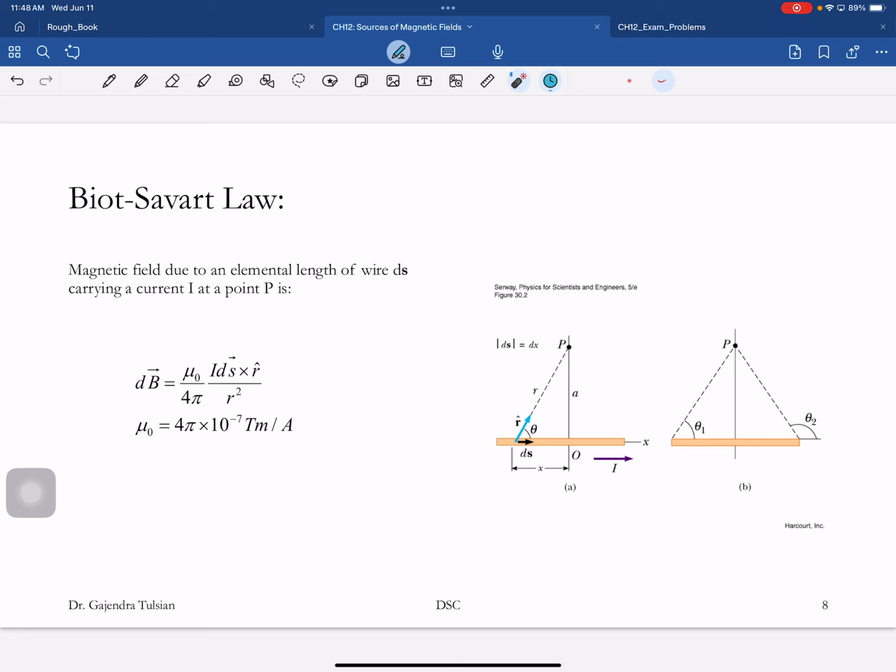The field due to the charges moving in this piece of wire is given by this: dB is mu naught over 4 pi I ds, there's ds, this vector cross r hat divided by r squared.